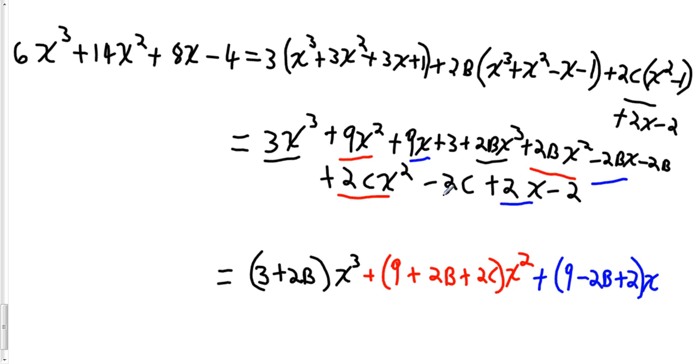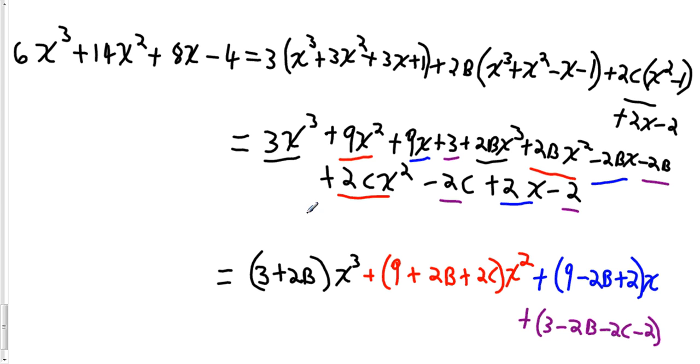Everything left is a constant. Here's a constant, here's a constant, here's a constant, and here's a constant. I have 4 constants, which are 3 and minus 2b and minus 2c and a minus 2.